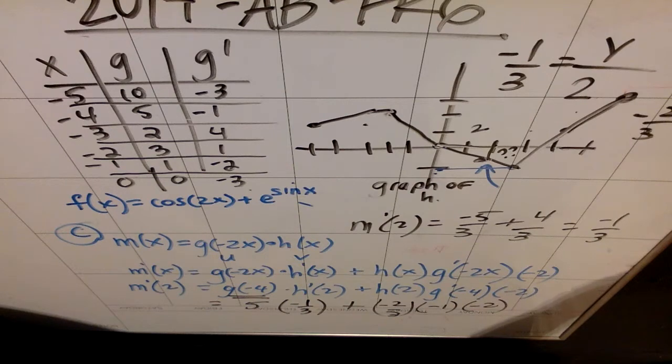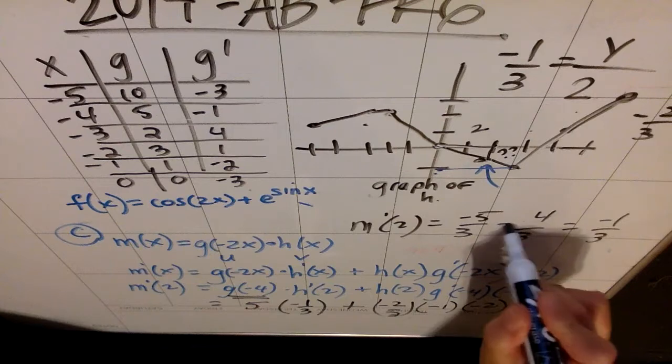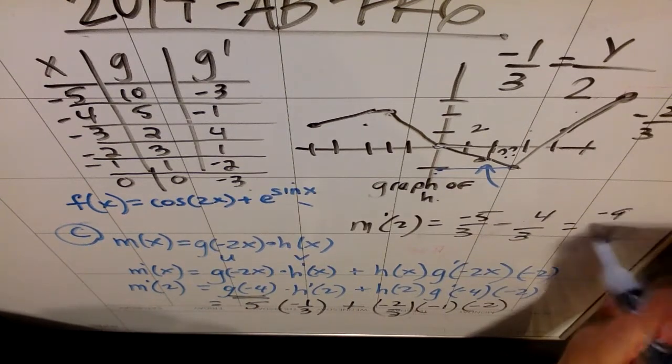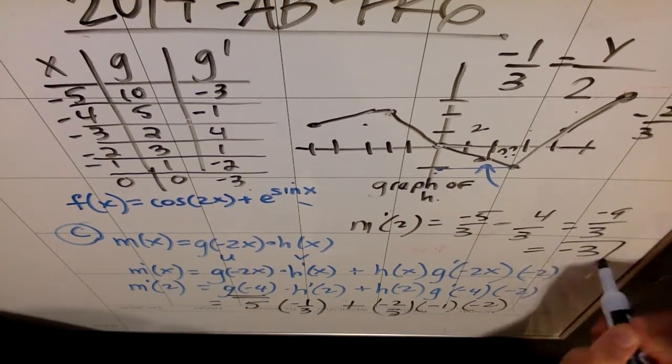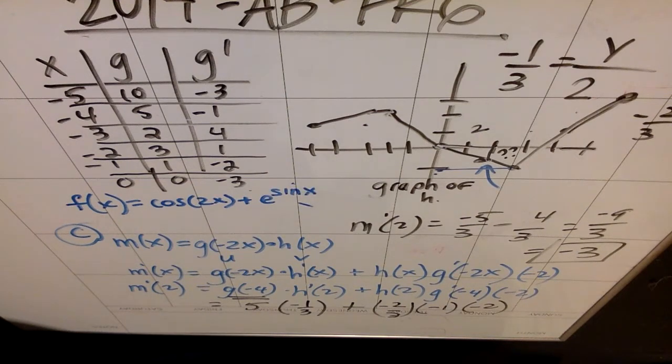Did I miss a negative? Oh, hey, that's 3 negatives. It's not a plus 4/3. Negative 9/3, which is a negative 3. My bad. Sometimes adding is hard. It's the worst when you do all the calc right and then just can't add.